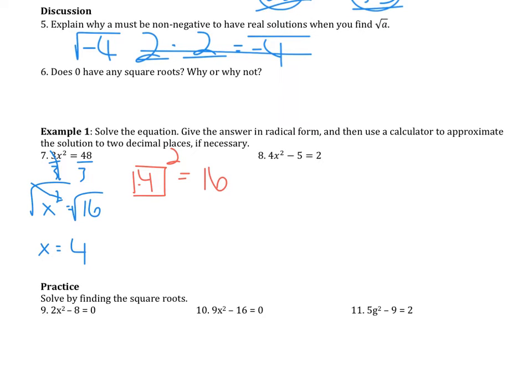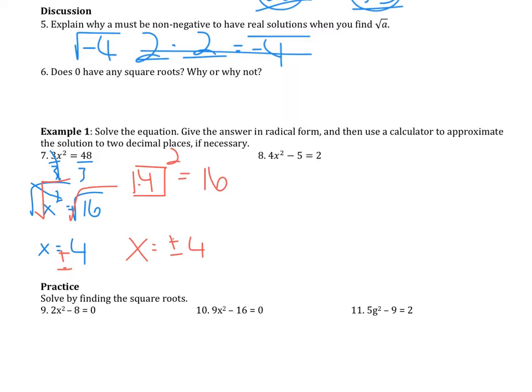If you came up with -4, you are correct, because -4 squared is also positive 16. So when we solve by taking the square root, what we get here is we get x equals plus or minus 4, because the positive and negative version of that answer works. So our solution for this, written a little more nicely, is plus or minus 4.